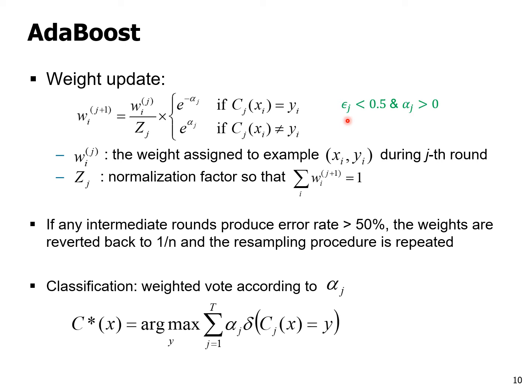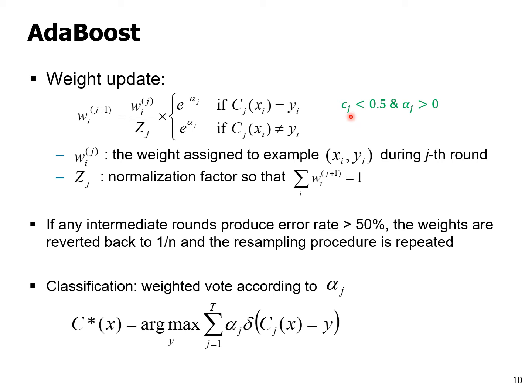And in AdaBoost, by the way, if for a certain classifier its error is over 0.5, that means its accuracy is worse than random guessing, right? So if that happens in AdaBoost, we simply throw that away.